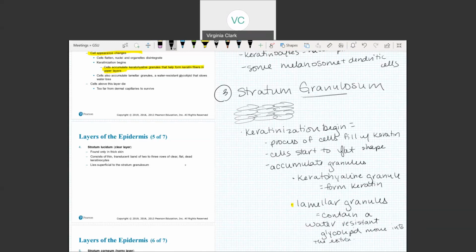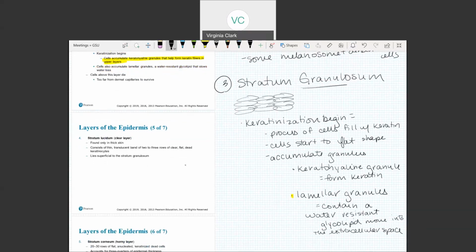So between all of these cells, we are now going to have something that doesn't like water, and it's going to be a sticky kind of lipid shape. So essentially what this does is we are now going to start creating a water-resistant barrier. And as we're creating this water-resistant barrier, if you think skin is waterproof, you don't actually have liquid come in through your skin. So that's what we're going to actually be doing.